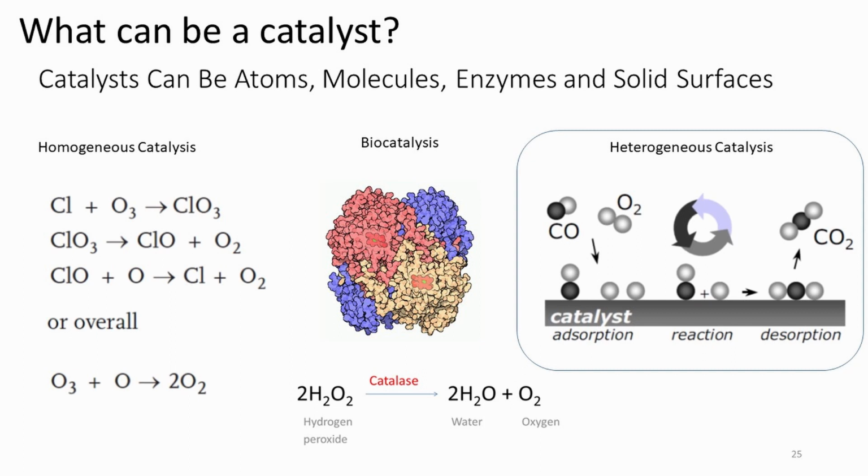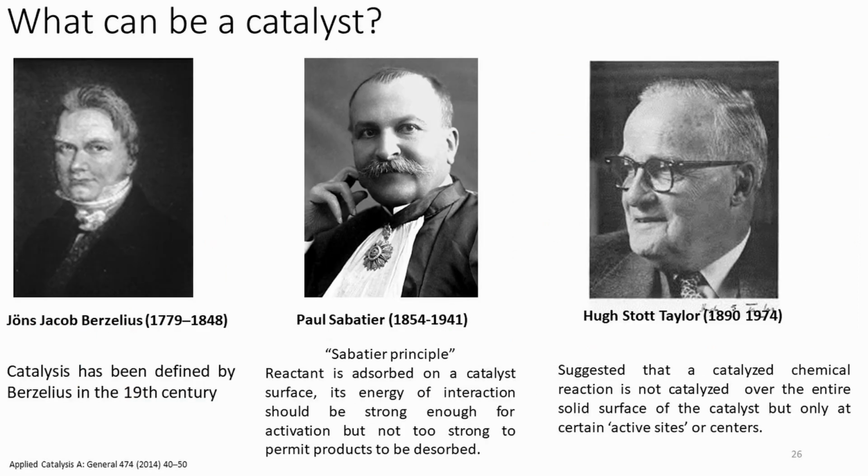What can be a catalyst? It was Berzelius who first used the word catalysis in 1836. By definition, catalysis is a process by which a reaction rate is enhanced by a small amount of catalyst that supposedly does not undergo any change during the reaction.